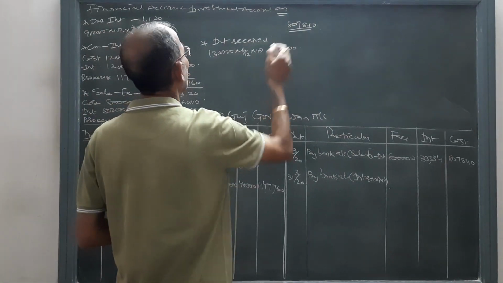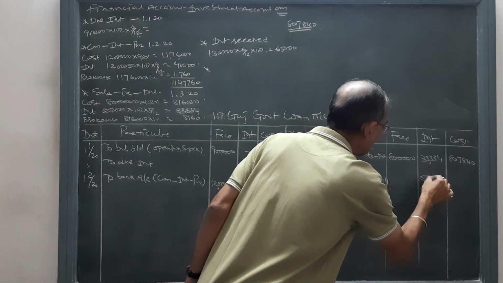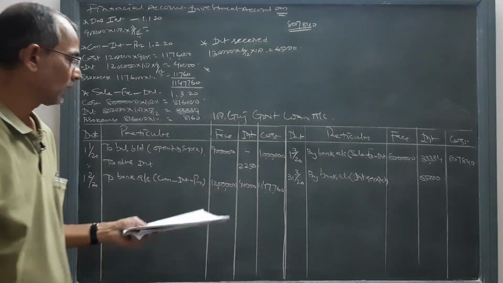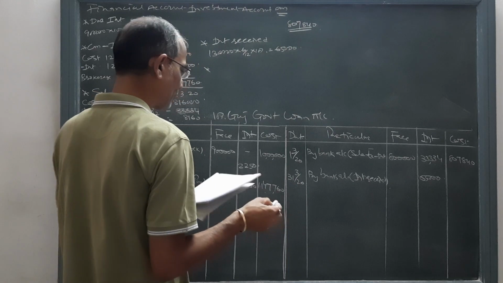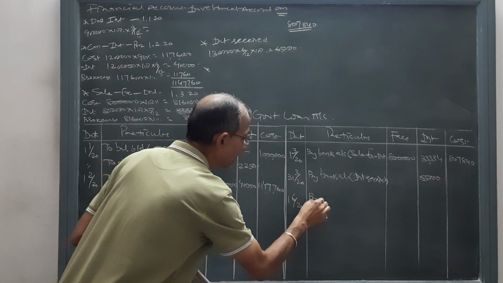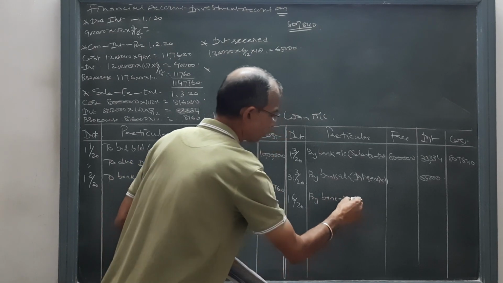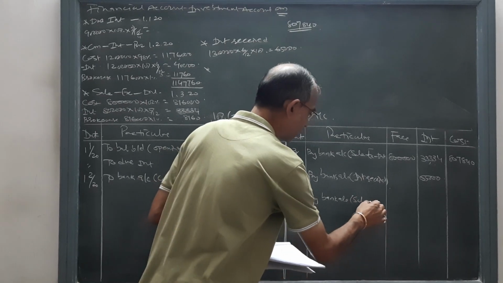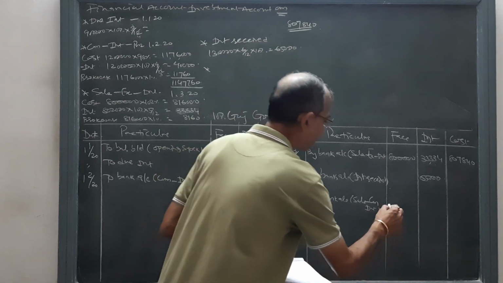5,000. Then after, on 1st June, a sale is being made. Sale, that is cum interest, 5 lakh.